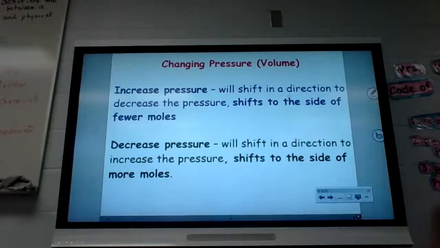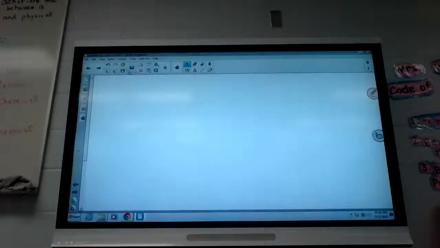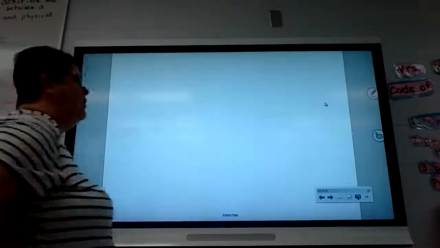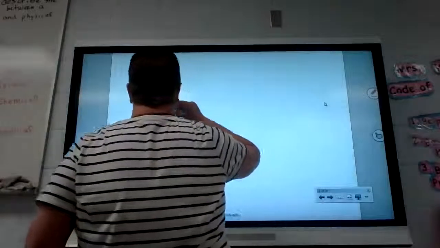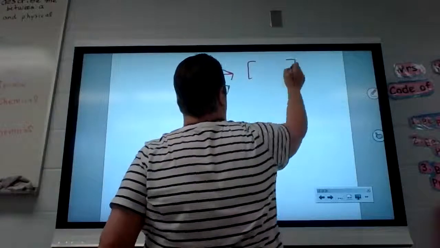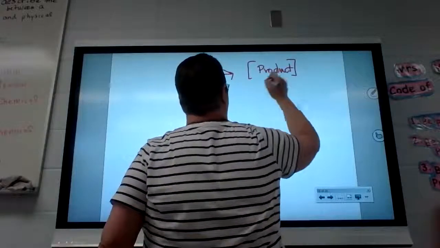So aside from being able to decide left or right, you're also going to have to be able to figure out what happens to the concentration of the reactants. All right? What did I tell you the brackets meant? Concentration.